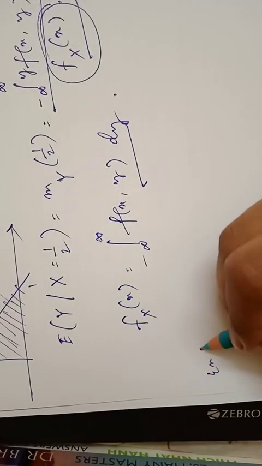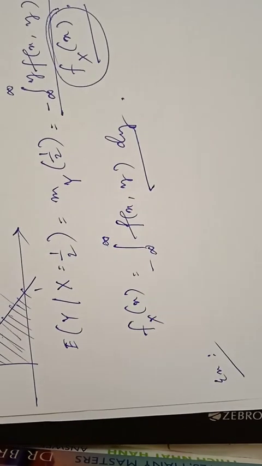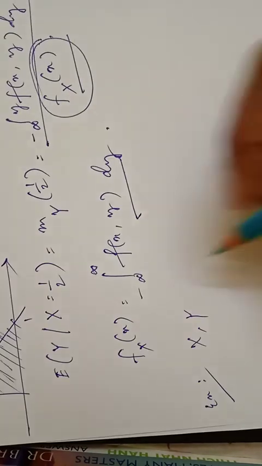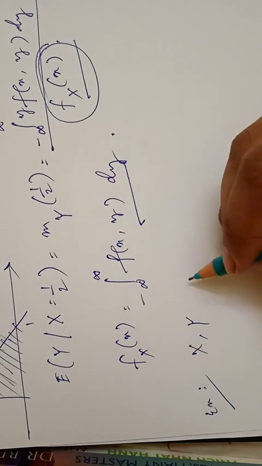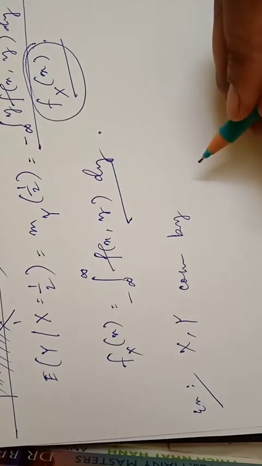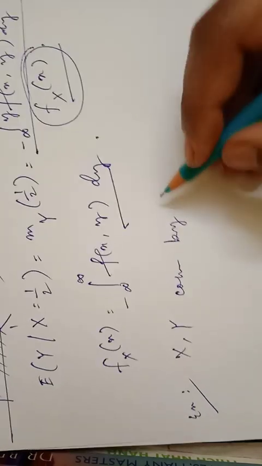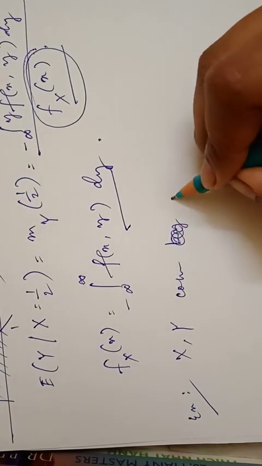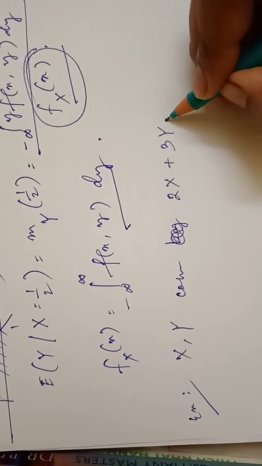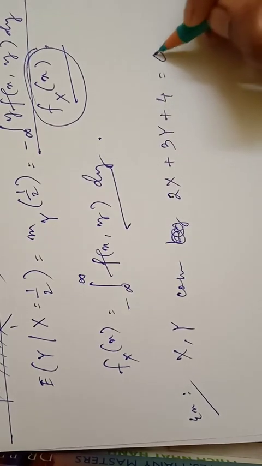Next example, the random variables x and y are connected by the linear relation 2x plus 3y plus 4 equals to 0.